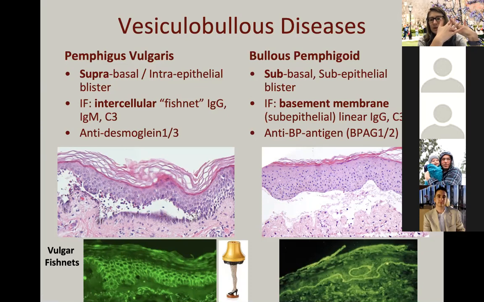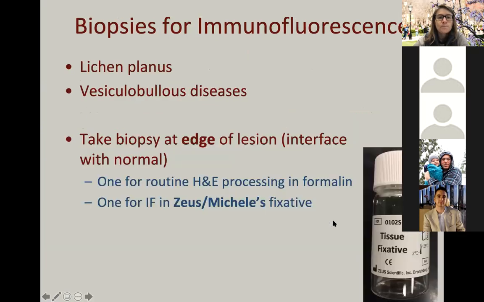The desmosomes are the ones that are affected in pemphigus vulgaris. So you see this kind of meshwork or this fishnet structure within the desmosomes compared to, again, this basement membrane deposition in pemphigoid.